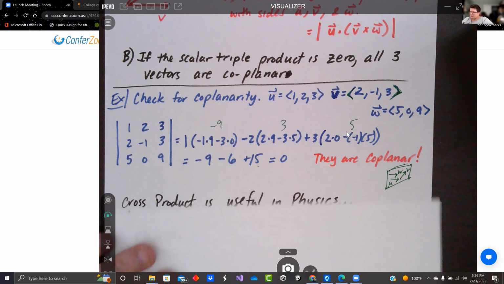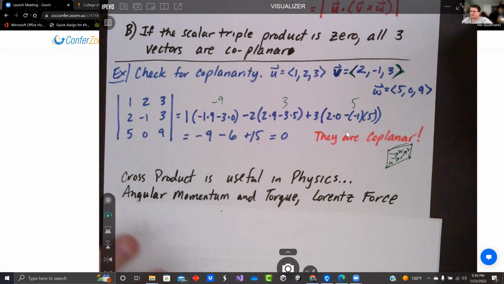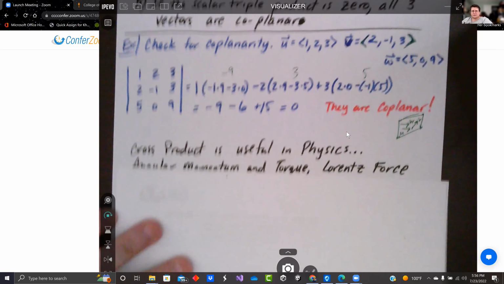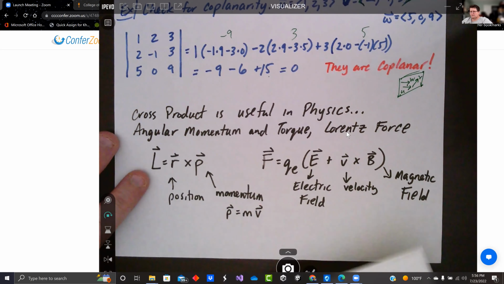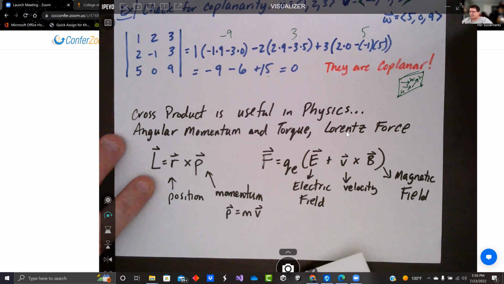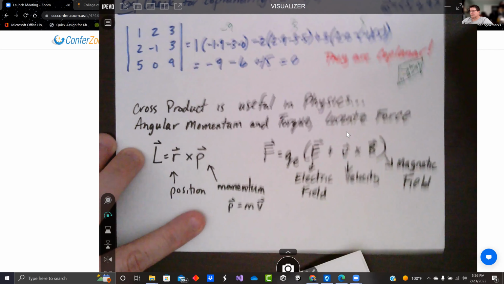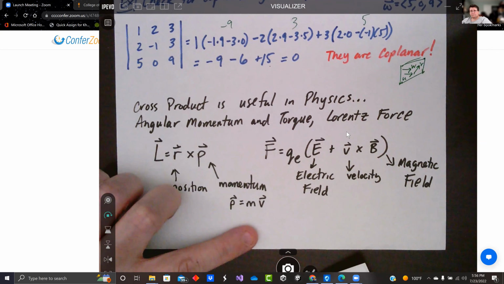Some useful applications in physics are angular momentum and torque and the Lorentz force. Angular momentum is L when we do R cross P. Position cross momentum. Momentum is mass times velocity.